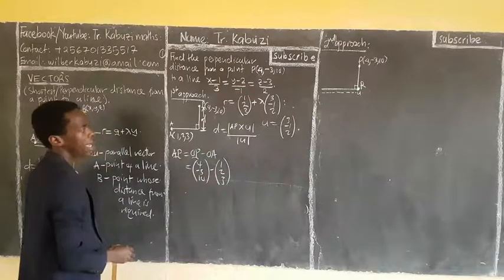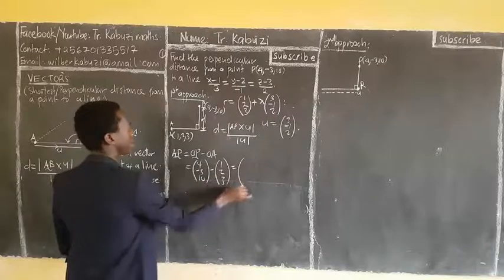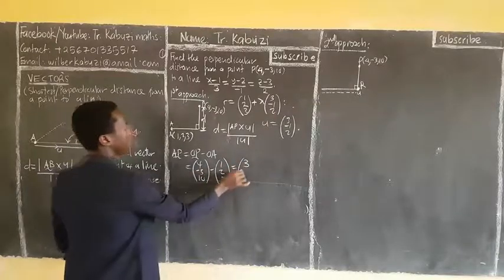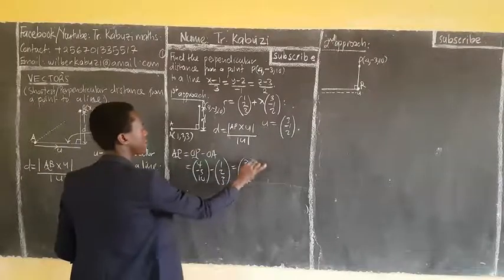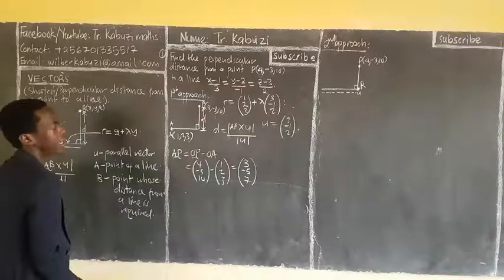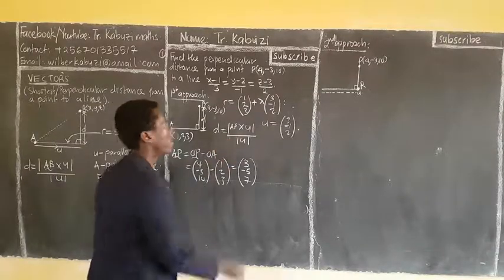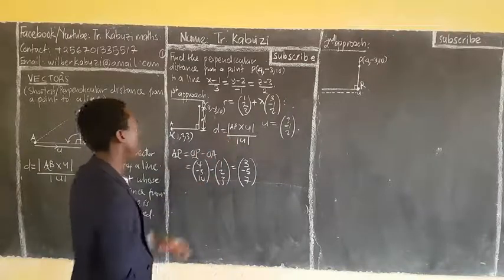You see that from there, all I get is 3, then negative 5, then 7. After that, I need to get the magnitude of U. Okay, before that, let us cross AP and U.